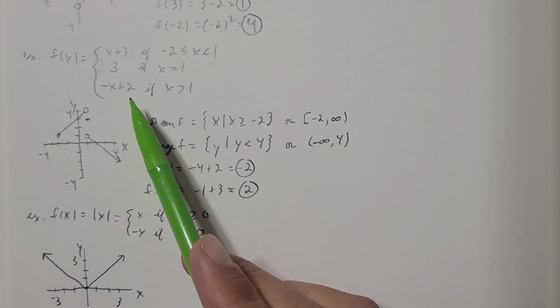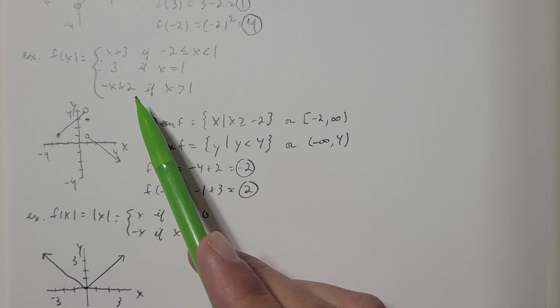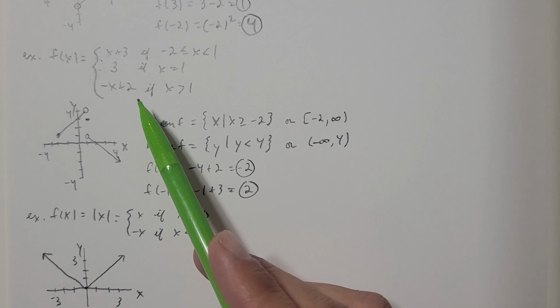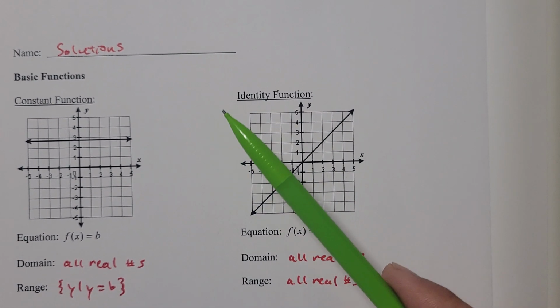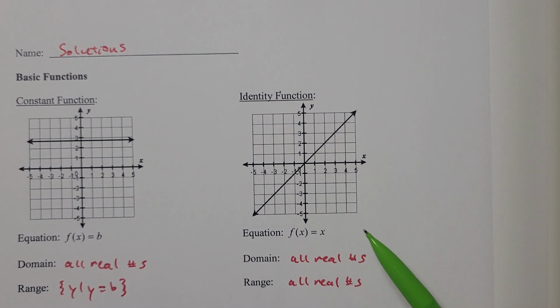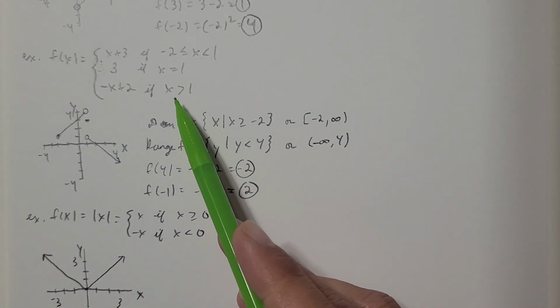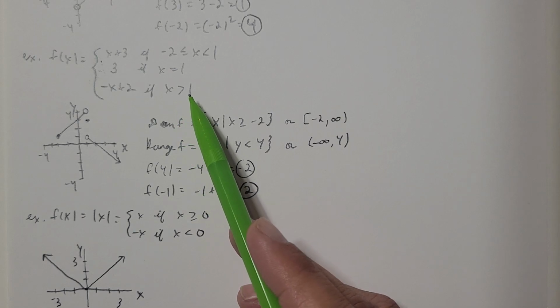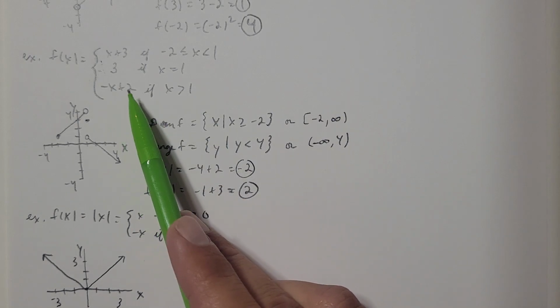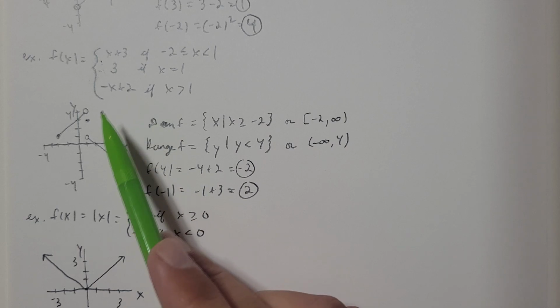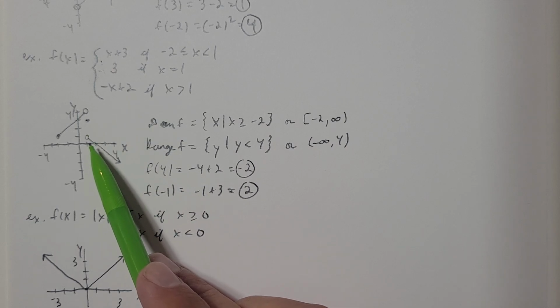In piece 3, I have -x plus 2. Okay, so the line is going to be slanted in the negative direction. Let's see. So I'm starting this at 1. If I plug in 1, here's -1 plus 2 is 1. Okay, so (1, 1) is there.